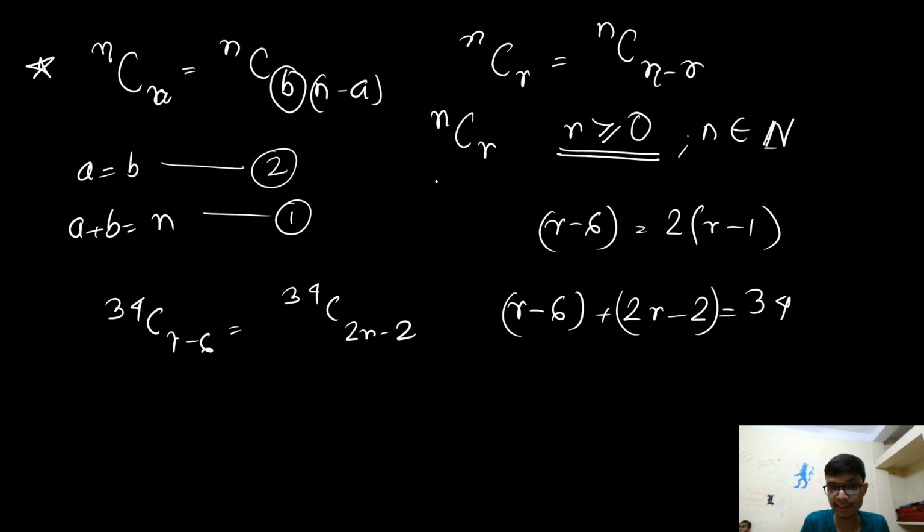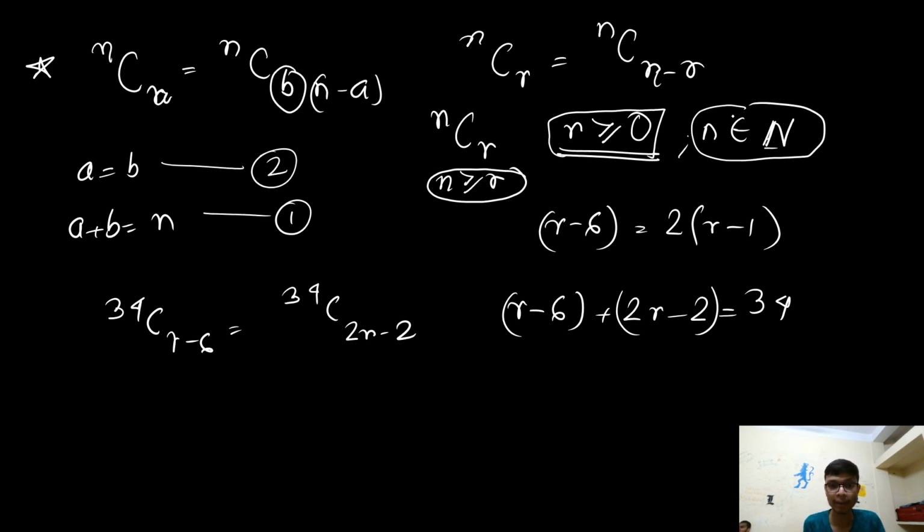And there should not be any such case that n is less than r. That means always n should be greater than or equal to r. ये तीनों चीज रिलेशन सेटिस्फाई होना चाहिए in order to have a valid combinatorial coefficient of nCr.